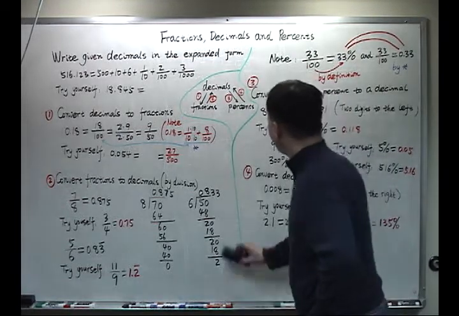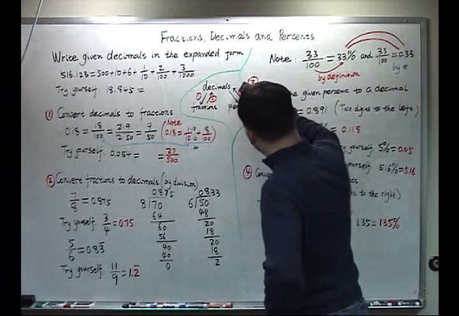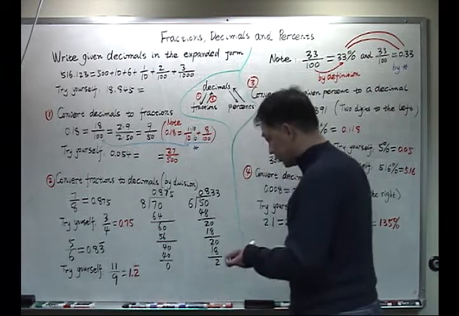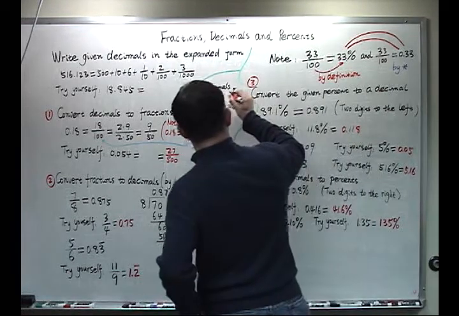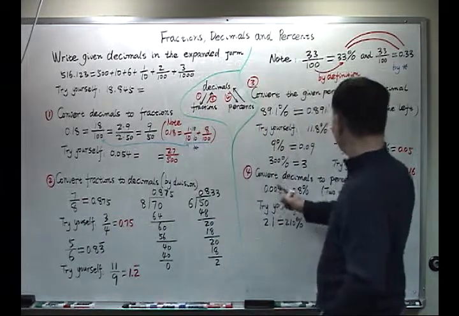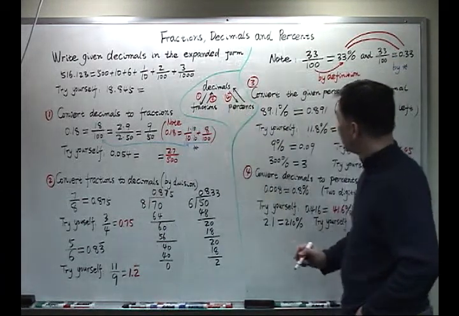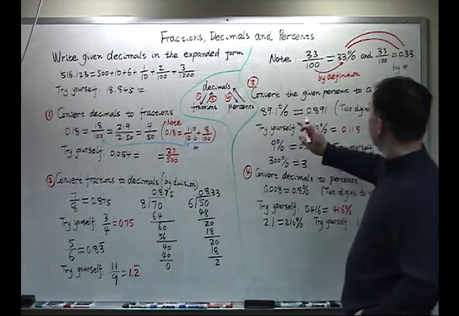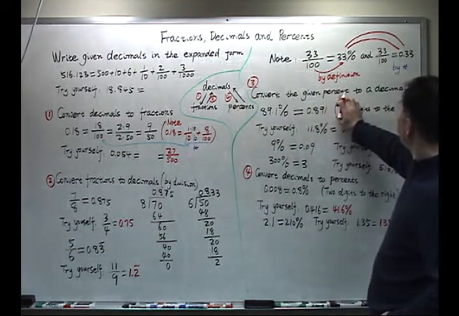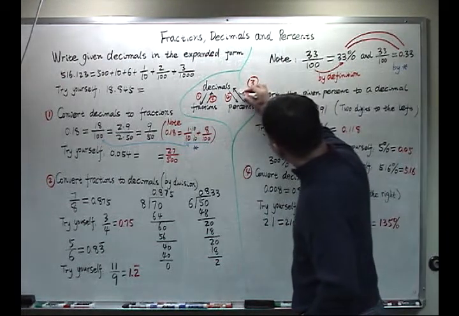So here should be our 4, and here should be our 3. So here should be our 4. Convert decimals to percent. And then here is convert percents to decimals. Convert percent to decimals. That's operation 3.